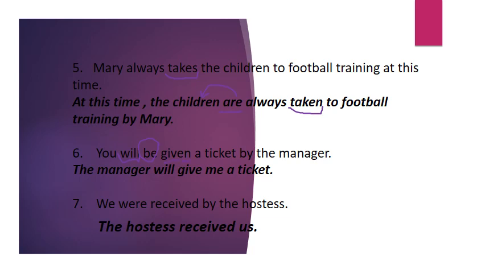Or if we have perfect form, we should add been between have, has, or had plus the past participle of the verb. Or if we have progressive form, which is ing, we should add the word being between the verb to be, which is am, is, are, was, or were, plus being plus the past participle of the verb.